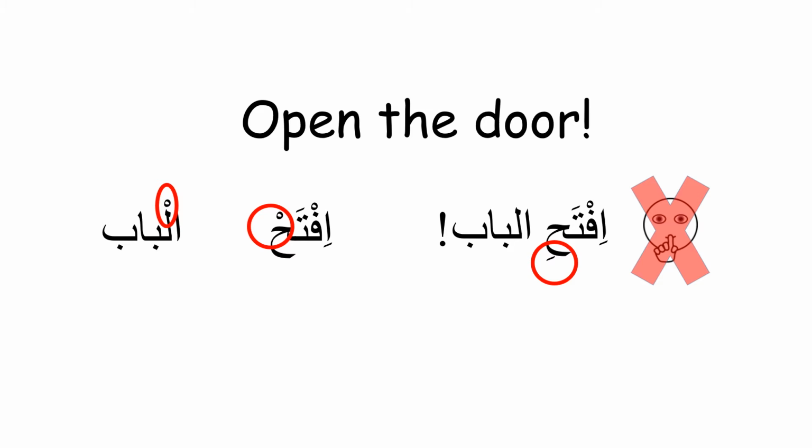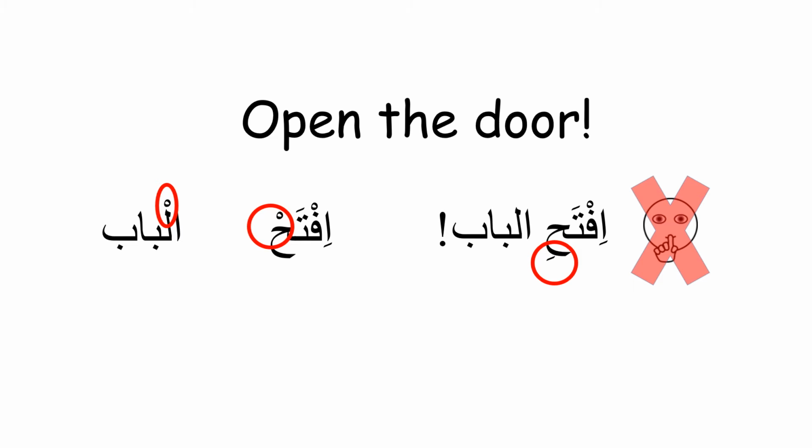If you look at افتح and الباب separately, notice افتح has a sukoon at the end, and then الباب just after همزة الوصل, the first letter is the silent lam, so there's a sukoon on the lam. So hence there has to be a kasra instead of a sukoon, so the sukoon is substituted for a kasra to make it more suitable for pronunciation.